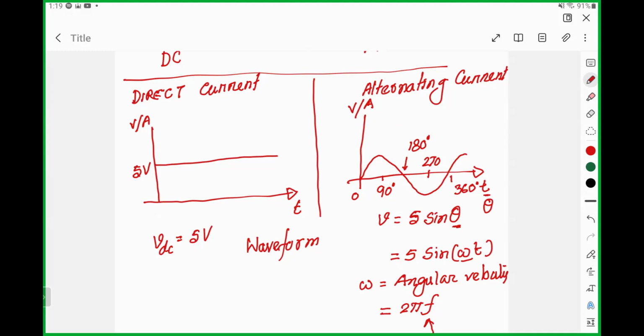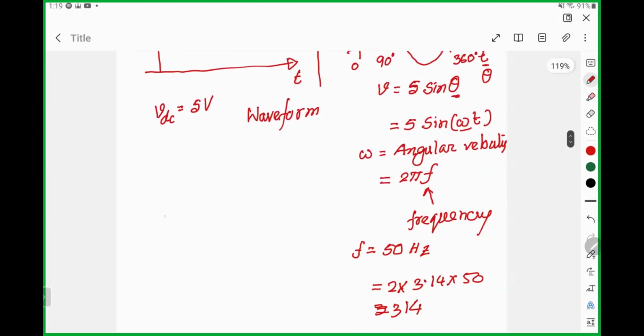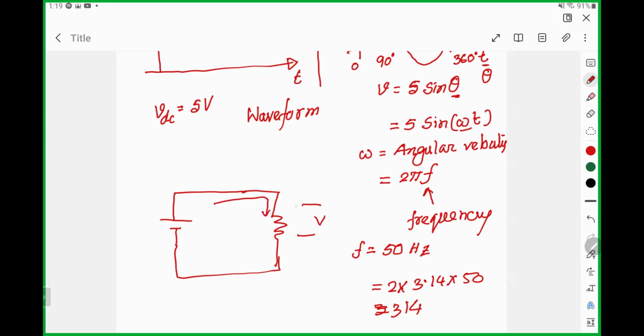Plus and minus. So yesterday we discussed, right? What is the meaning of the polarity? Let's say I have connected a voltage source and I have a resistance. For the polarity of this voltage, I am considering current moving in this direction. Whenever the current is moving in this direction, then this is plus and this is minus, right?